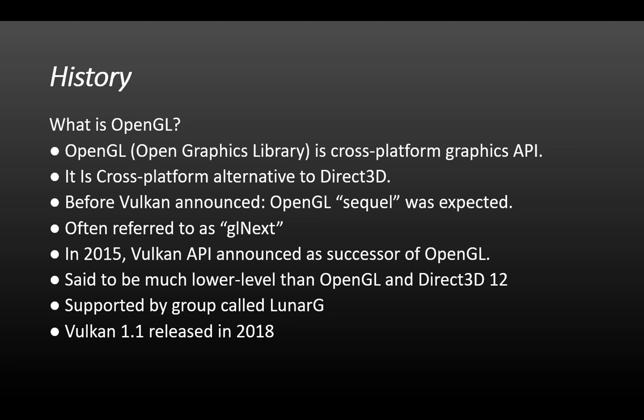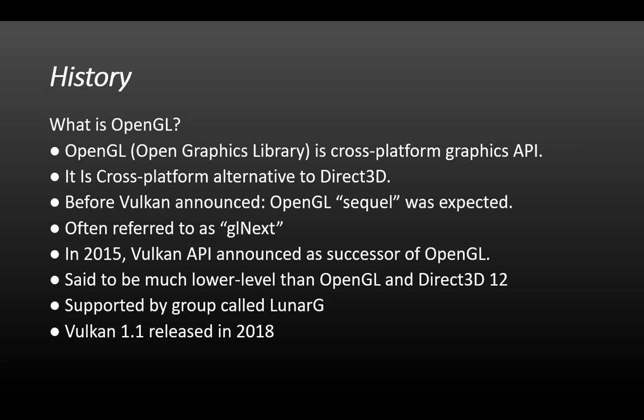They expected OpenGL SC before the Vulkan API, and then Vulkan was introduced, and OpenGL SC was just cancelled, right? Vulkan is often referred to as GL Next. And in 2015, the Vulkan API was announced as the successor of OpenGL, and that's what we already discussed.